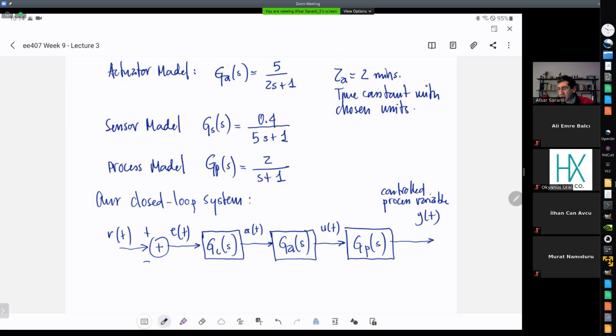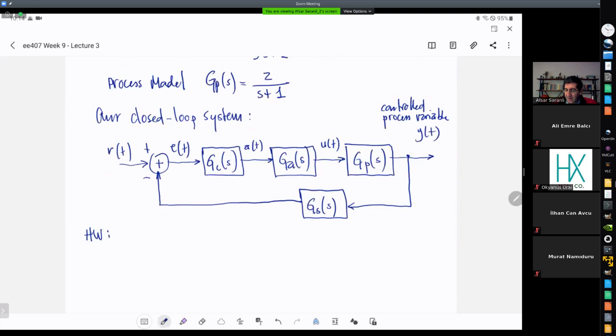Okay? So what is the task? So let's say this is like a homework. Okay? Find the ultimate gain, KCU, and ultimate period, PU. Okay?